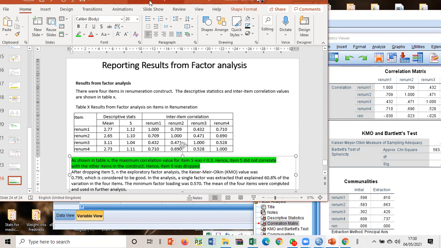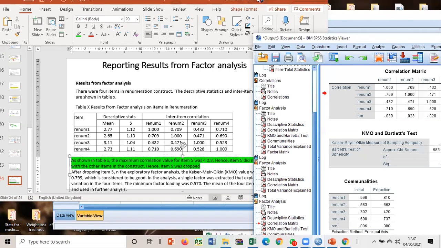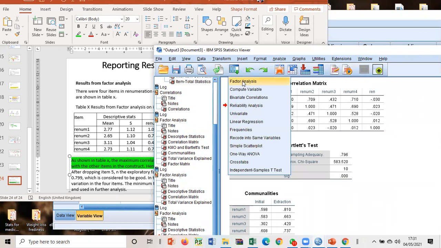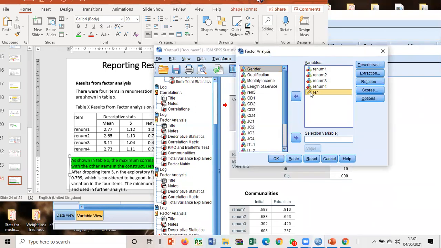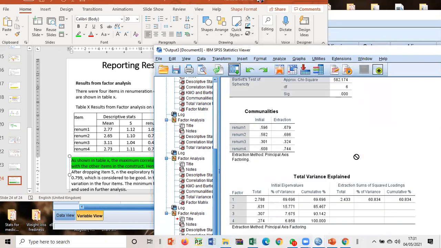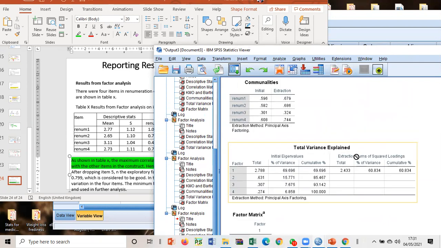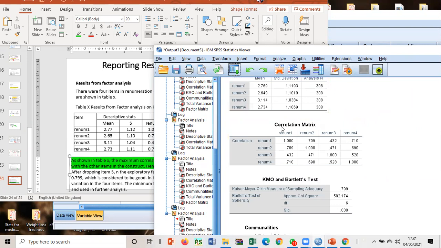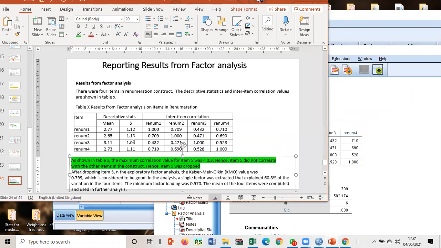Now I go and drop this item and do the analysis again without it, as I did just now. What changes now? I don't have to repeat this again because I already made a decision to drop it.